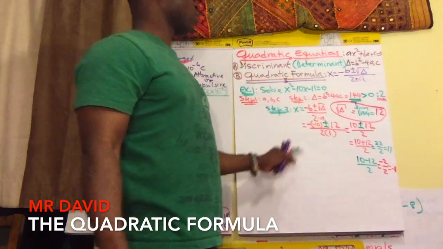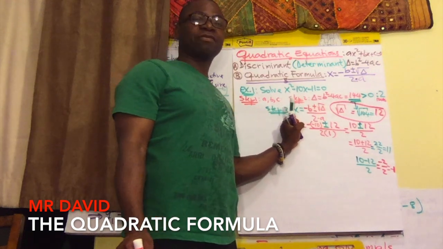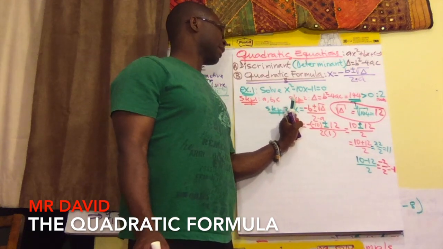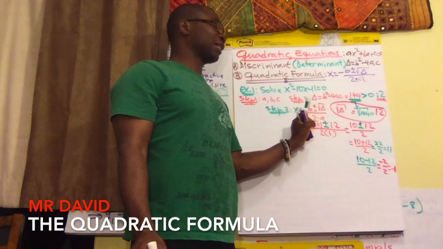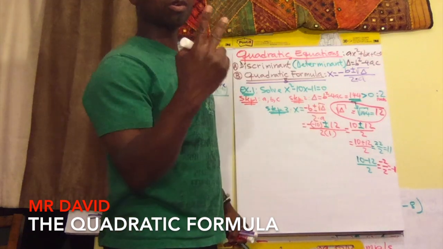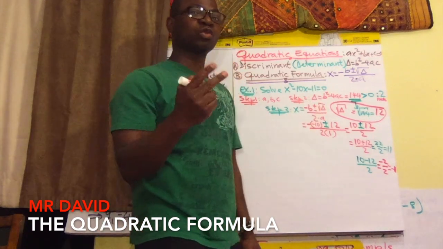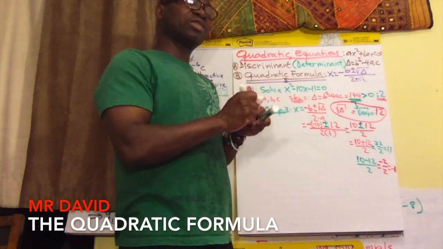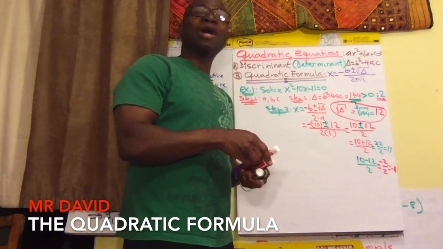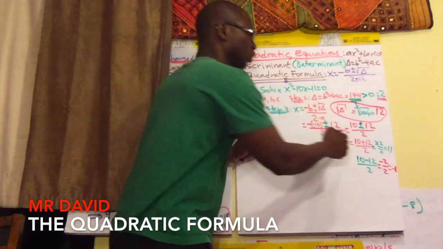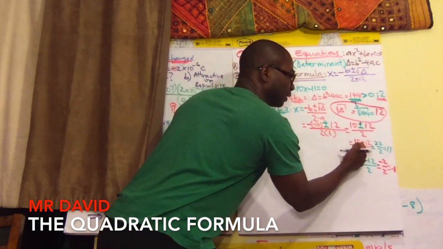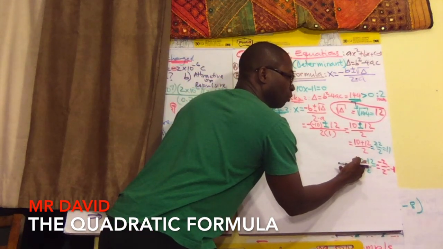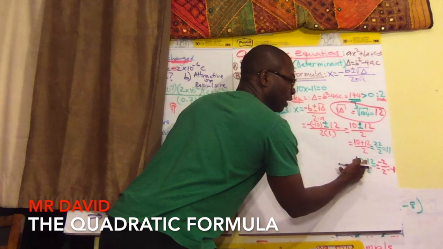Basically, what happens is we start with the formula, negative b plus or minus square root of delta over 2a. Since delta is positive, we have two solutions, which we can separate into solution 1, the one that has the plus, and solution 2, the one that has the minus in the middle.